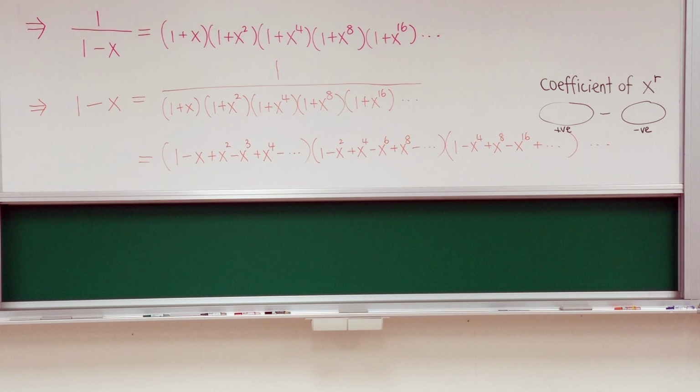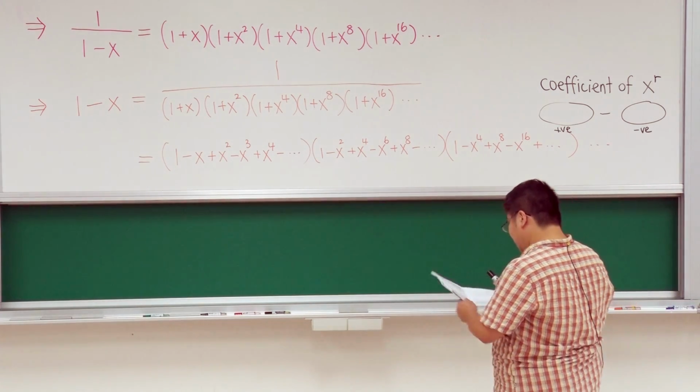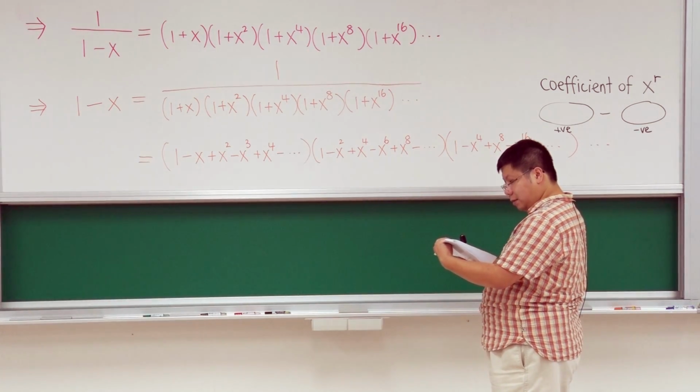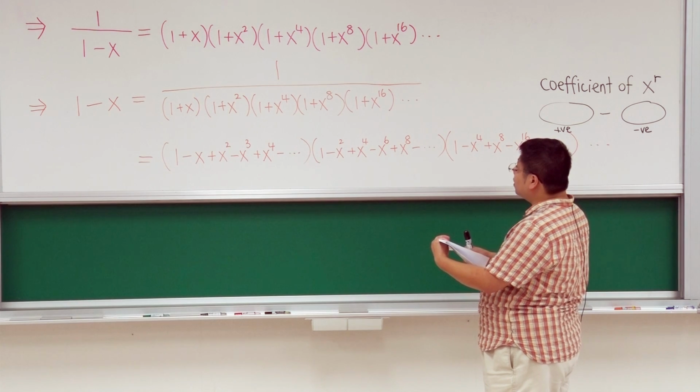Let me see. Anything else? Do I have anything else? Yeah, there should be one. I think there should be one more. To get x to the power 4, how do I get? Let's do it again. Let's double check. 1, 2, 3, 4, 5, 6.